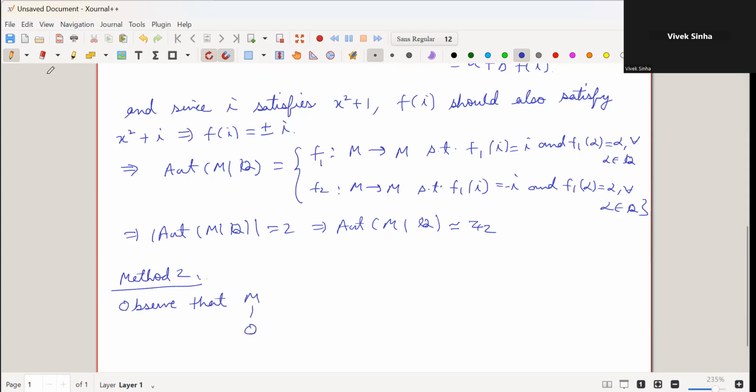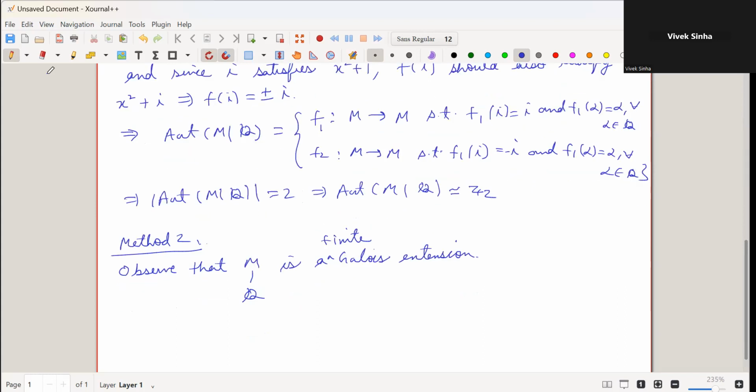So first observe that M over Q is a Galois extension. Can you say why it's a Galois extension? Why it is normal and why it is separable? So finite is also there. It's a finite Galois extension. So finite is clear.